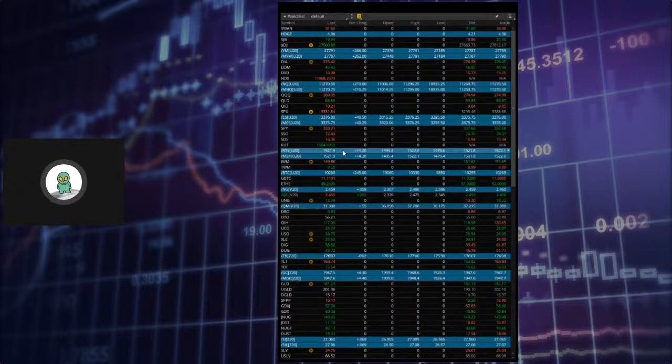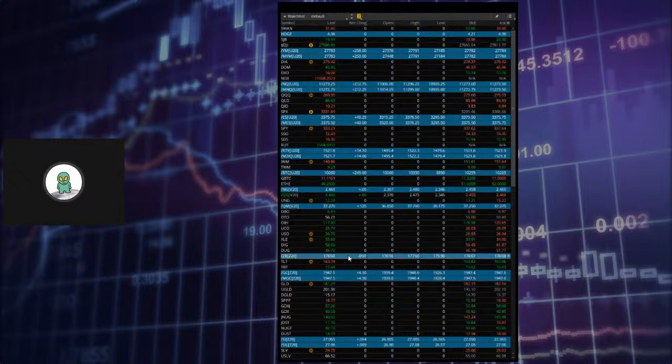We got the Russell My Hustle up 14.2 points at 1521.9. We got the Bitcoin Futures Composite Index up $245, trading at 10,260. We got Nat Gas up 6, trading at $2.46. We got crude oil futures up 55 cents, trading at $37.30 a barrel.